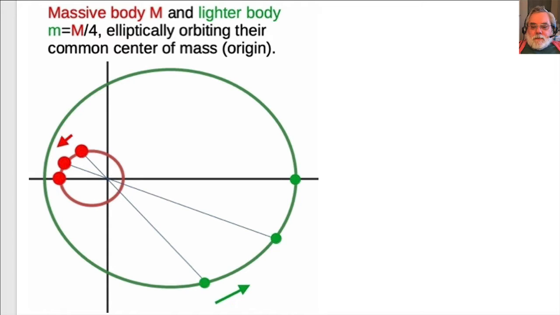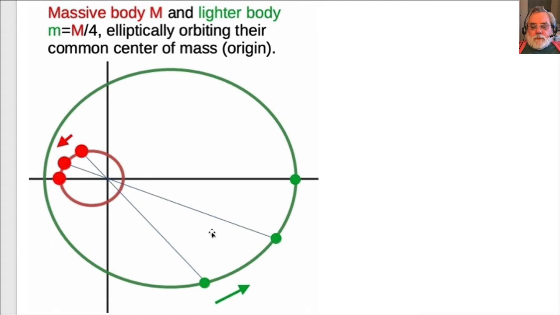The center of mass is the focus for both bodies' elliptical orbits. It's the focus for this red orbit, and it's the focus for this green orbit. For simplicity, we will treat the case where one mass is much more than the other mass, like the Sun and the Earth, in which case the center of mass is close to the center of the more massive object, so we wouldn't even see this red ellipse.